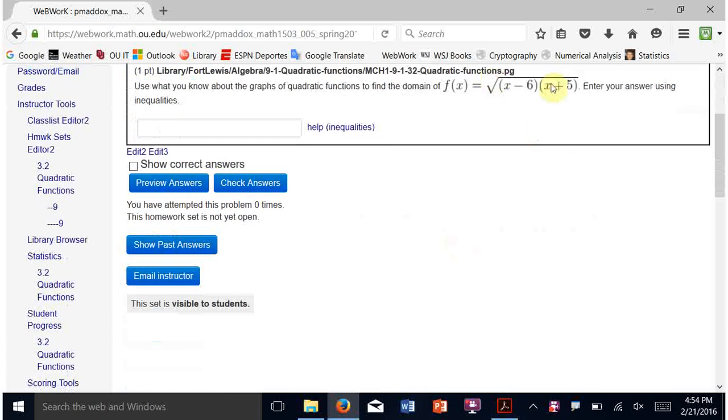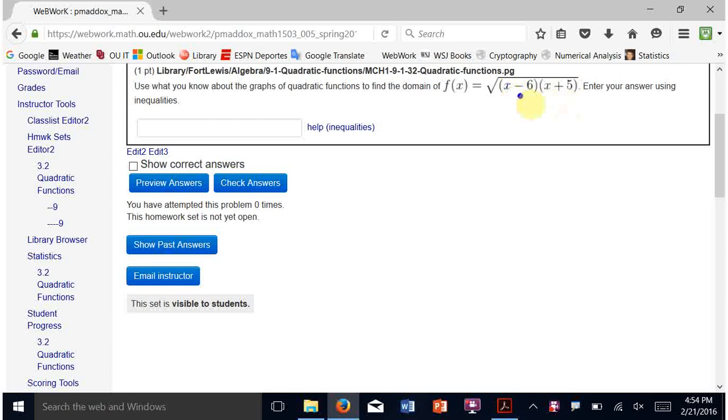Okay, so we can use what we know about quadratic functions and zeros to help us solve this. So we know that what's underneath the square root must be greater than or equal to 0. So you can treat this quadratic function underneath the square root sort of separately to find the domain.